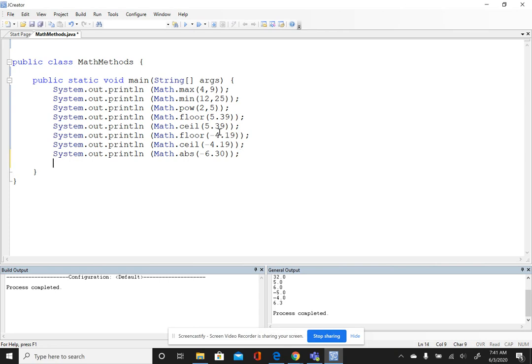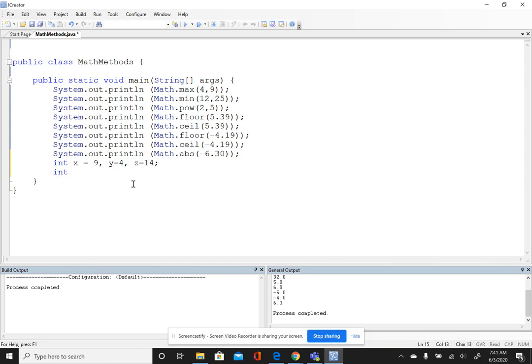Now, there is a question here. What if I want to return the maximum or minimum of more than two numbers? We can use more than one. For example, let's say we have three variables. X is 9, Y is 4, and Z is 14. How can I return the highest of these three?